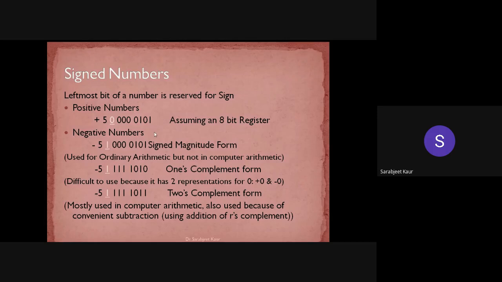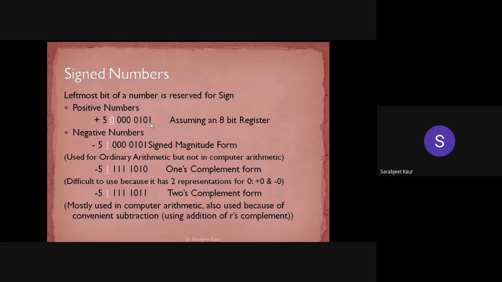So if you are asked for the 2's complement form representation of minus 5, then what you do is you first again write down the representation for the positive 5, and take the 2's complement of that representation. So what will you get?